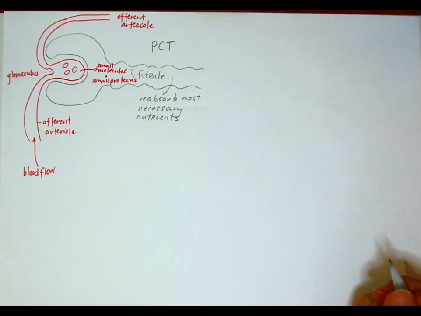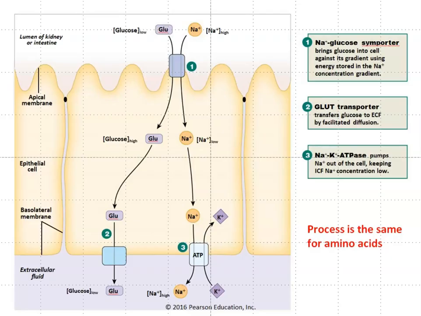Okay. Now, before we go on to the next section of the tubule, I want to show you folks one of the mechanisms to allow us to have reabsorption. And it is one that we learned at the beginning of the semester. Okay. Look at this. Here is a slide depicting glucose, and look at how glucose is coming into the cells that line the PCT. This is a symport.